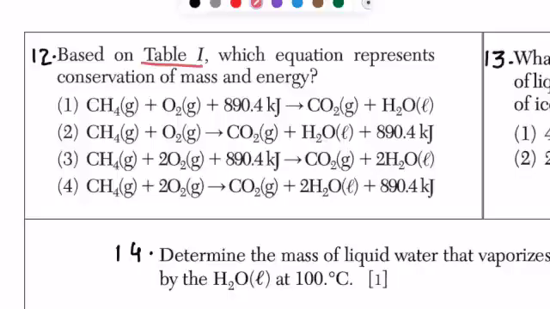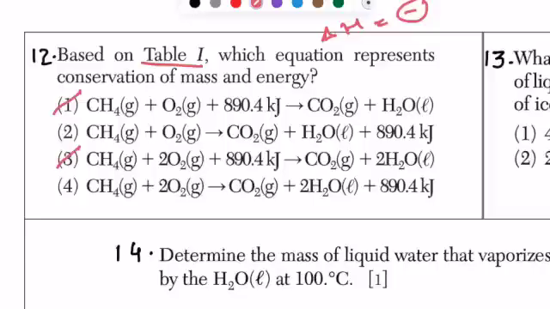So that, I believe, is the very first equation in table I. And the energy or the heat for that reaction is negative 890.4. So if your delta H is a negative number, that means it's an exothermic reaction and the energy should be written in the products because it's released. So 1 and 3 is not your answer.